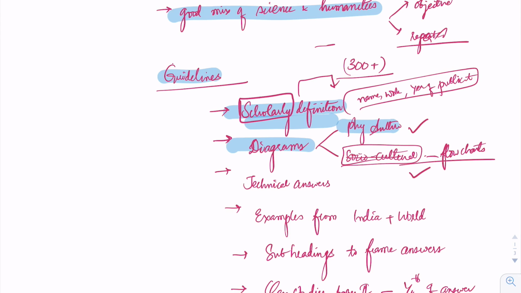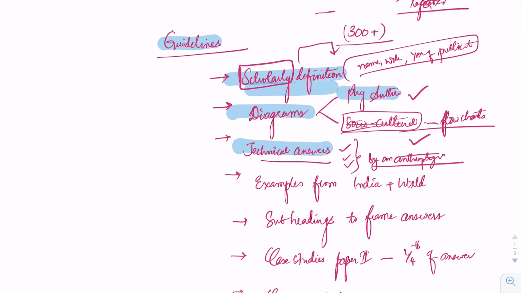Anthropology answers must sound technical in the sense that, as discussed earlier, your definitions, main arguments, and the criticism must, wherever possible, be by an anthropologist. For example, in a concept like economic exchange systems, do not just write various types such as balanced exchange, redistribution, or market exchange.